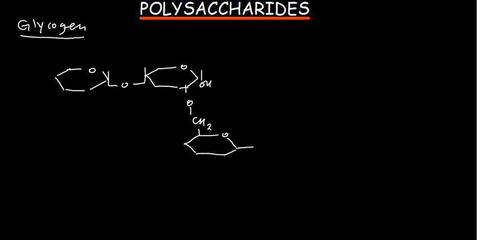So I'm trying to put down the structure for glycogen, which is just more the same as amylopectin. That's the way we had drawn. So even this side, they'll continue going like that.